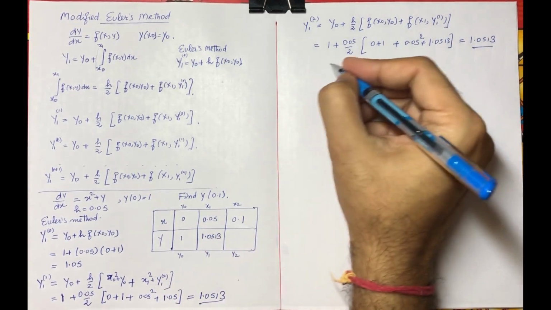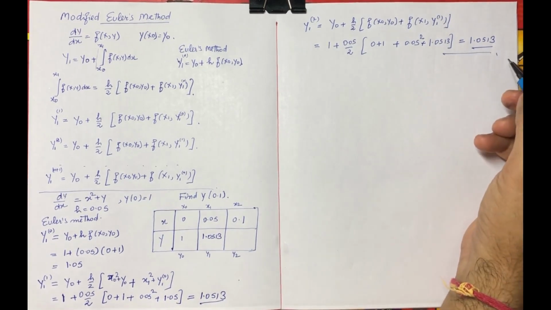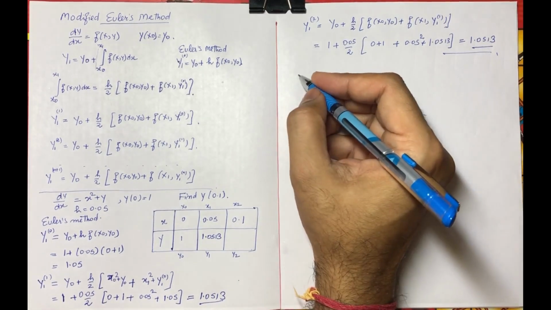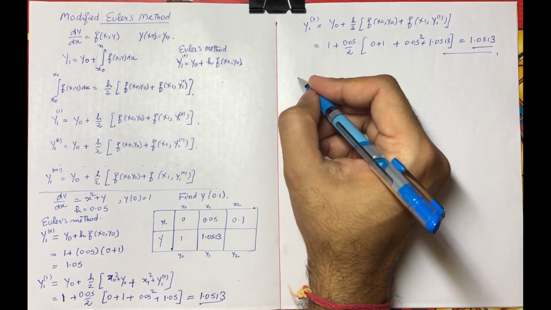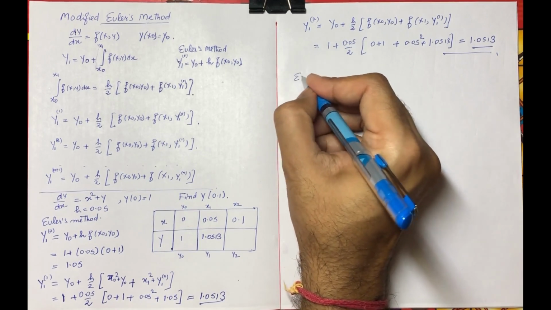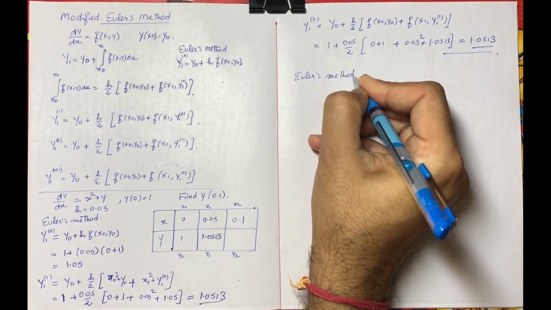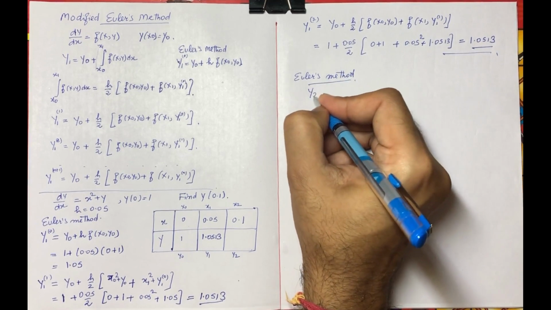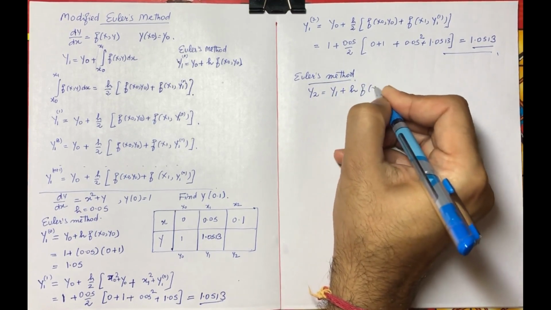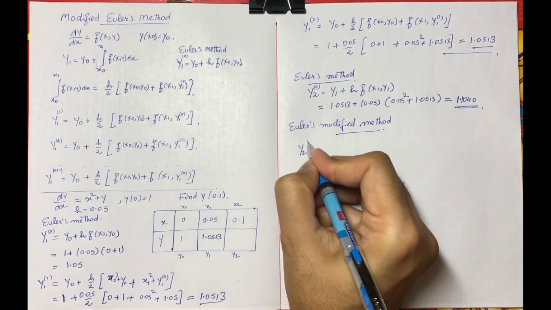Now second step, we need to find y2. Again, to find y2, first we have Euler's method. By Euler's method, y2 equals y1 plus h f(x1, y1), the approximation to y2.